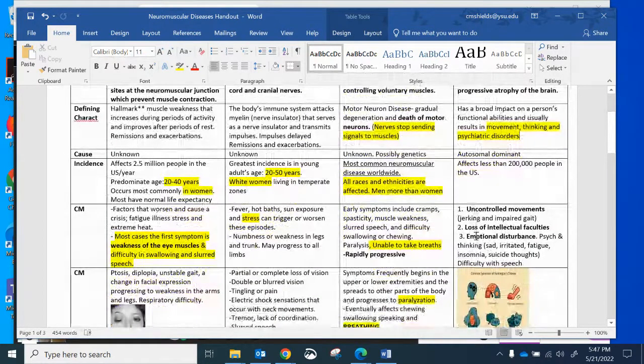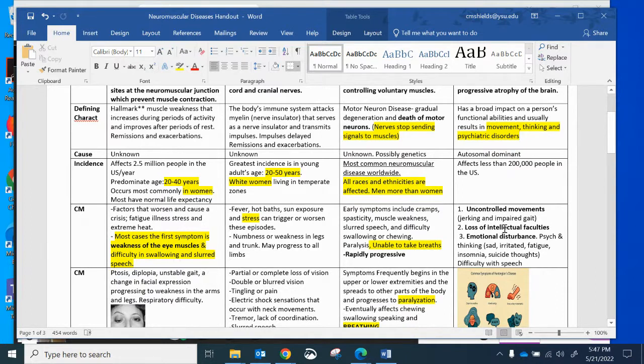So the three main areas that we see as the patient manifests: they have uncontrolled movements, jerking, impaired gait, those types of things, those just extremities. Number two, thinking is affected, loss of intellectual faculties. They have cognitive decline. They forget, their memory is going away.